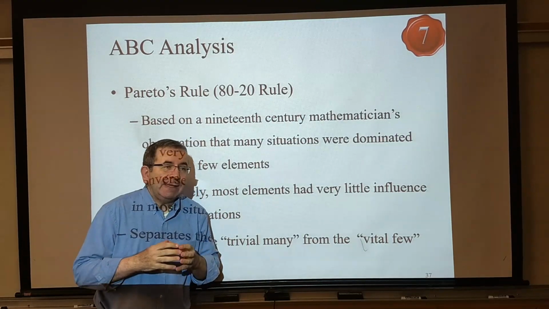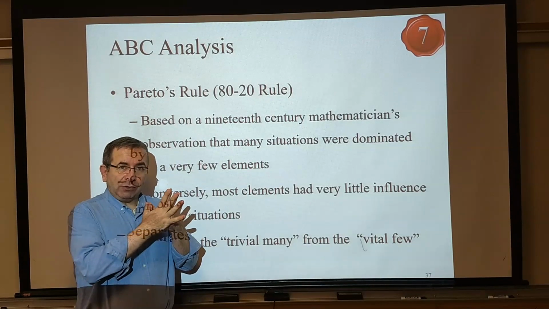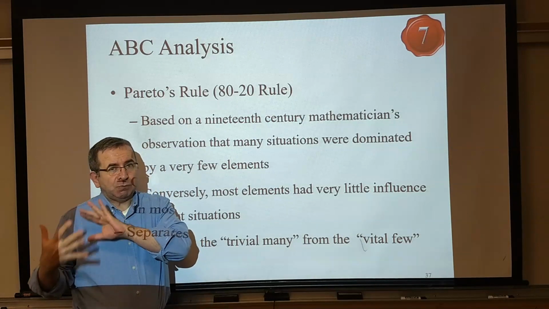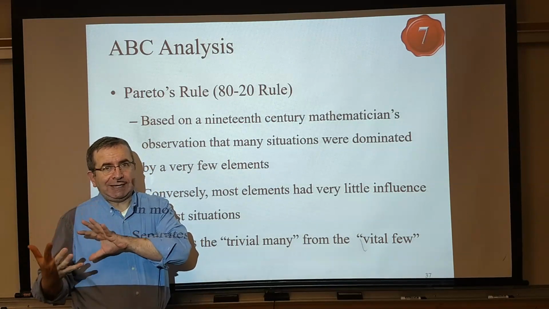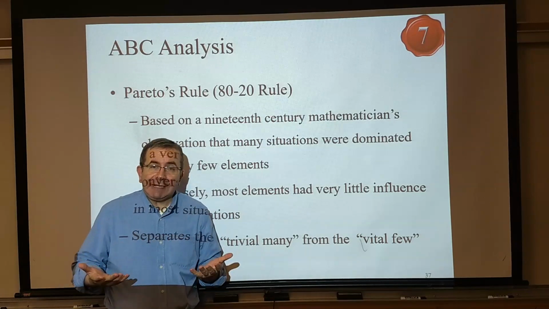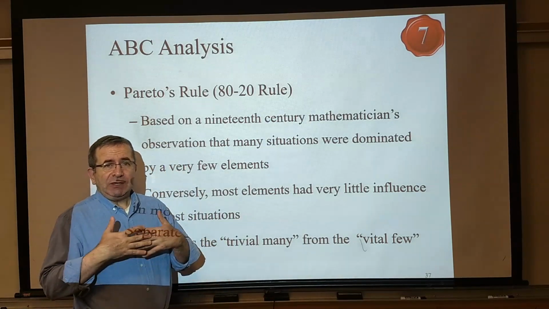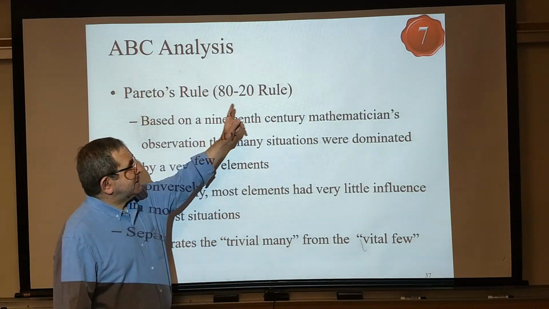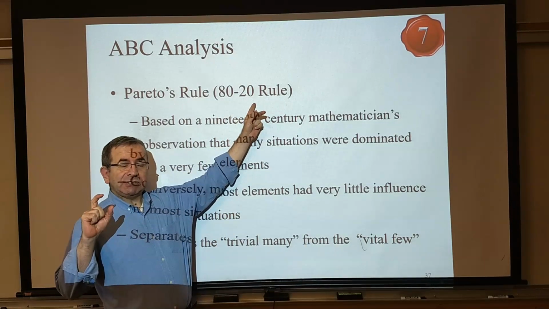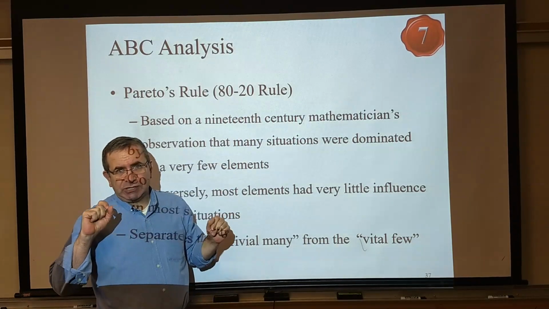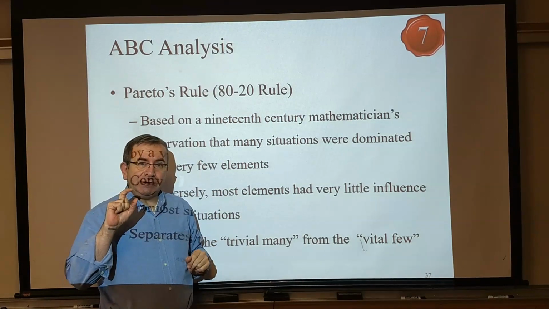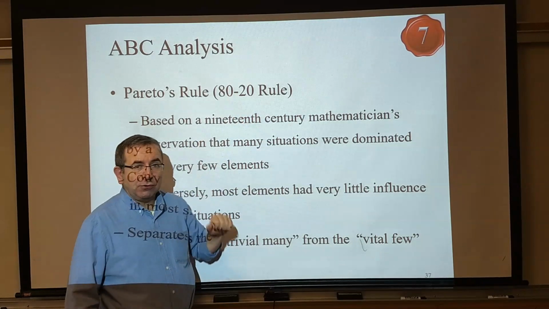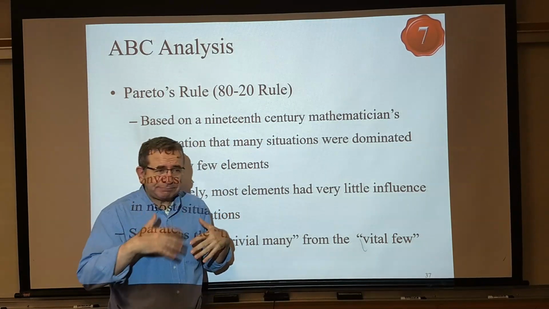What this means is that a small portion of your products and services will generate a large portion of your revenues and profits. If you think about this in terms of customers, you may have hundreds or thousands of customers, but this rule says 20% of your customers will generate 80% of your sales. They are few in number, but they account for the majority of your revenues or profits.